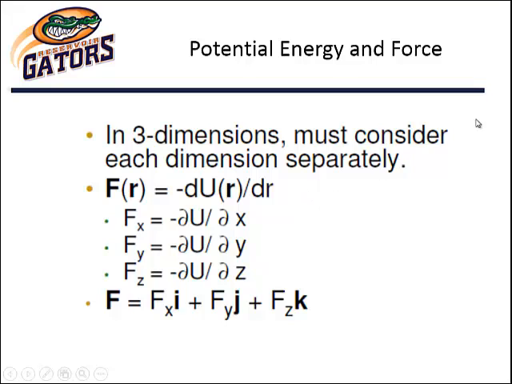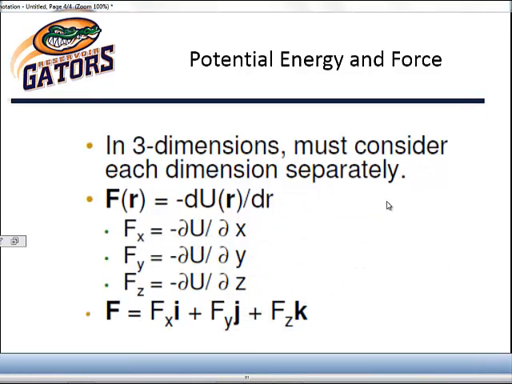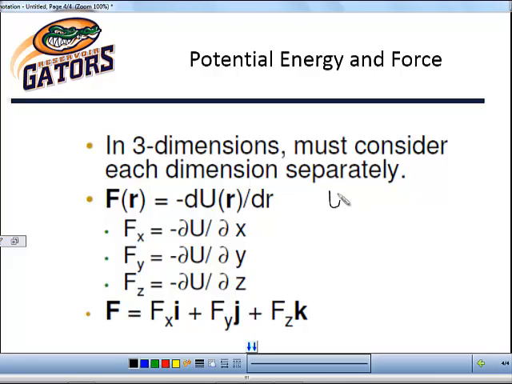Okay, so let's maybe take a look at an example here. So if U of r is equal to, let's say, 3xy plus 2y squared z, and I want to find out what the force is acting on an object that is at, say, a position 1, 2, 3.